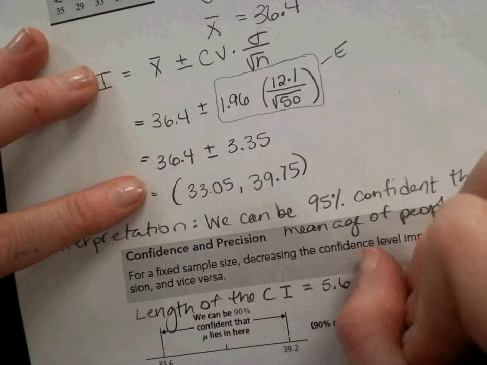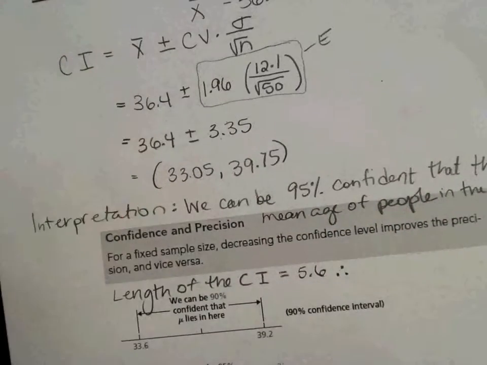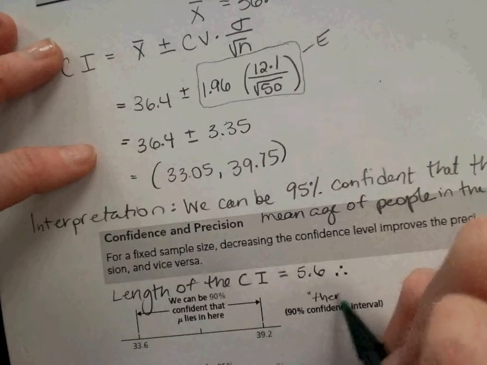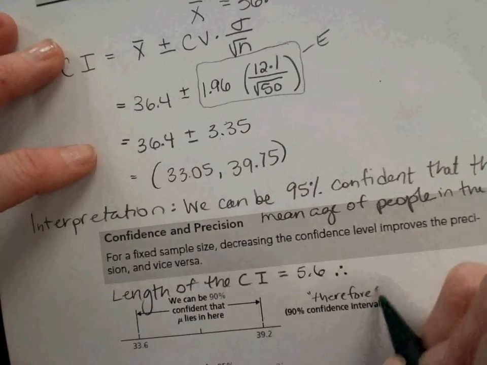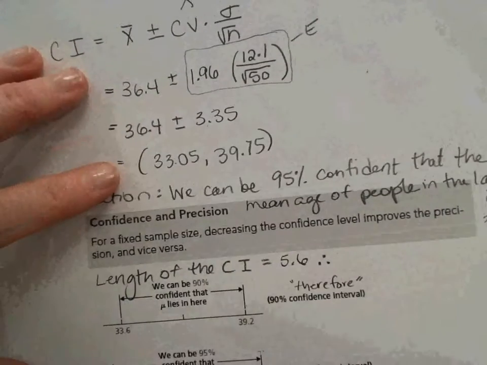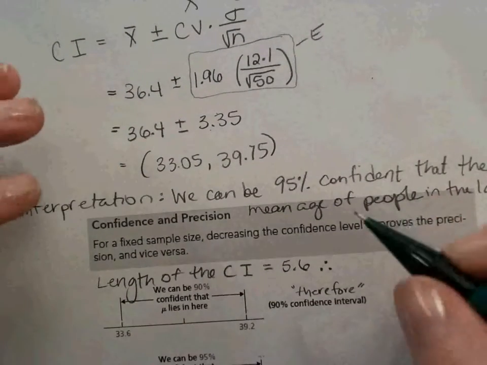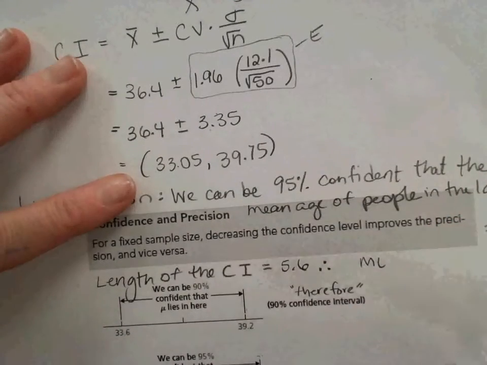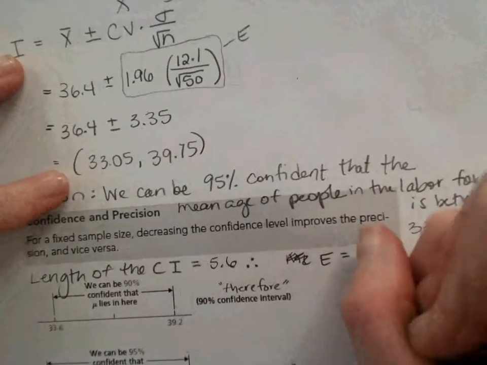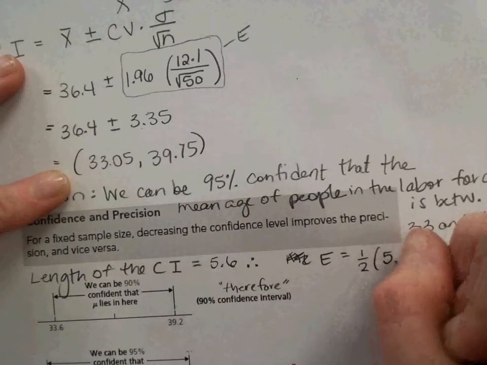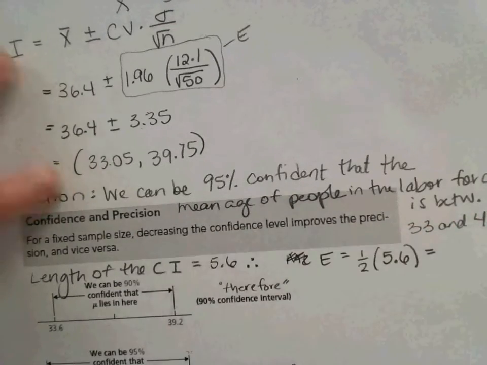I'm going to teach you a new symbol today. It's 3 dots in the shape of a triangle. It means therefore. So anytime you want to write therefore, you can just use that symbol in math. So therefore, the margin of error, not ME, we just use E, equals 1/2 the confidence interval, or 1/2 of 5.6.